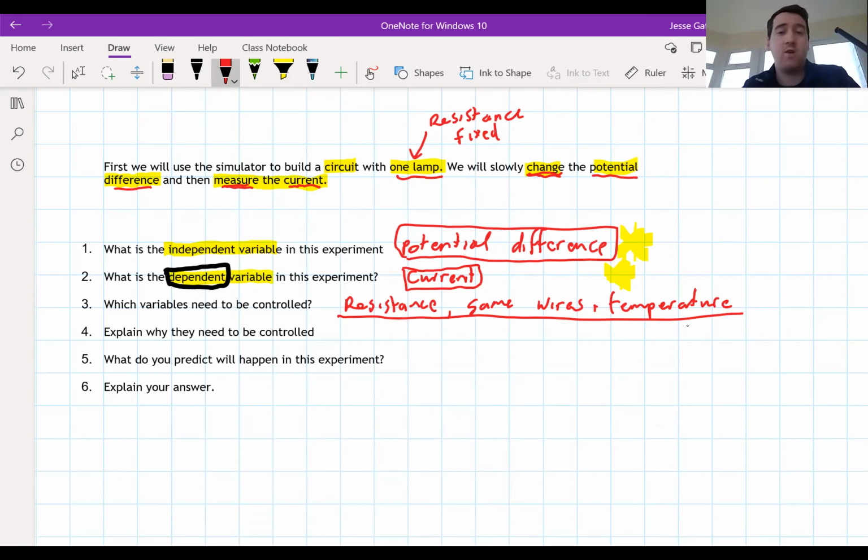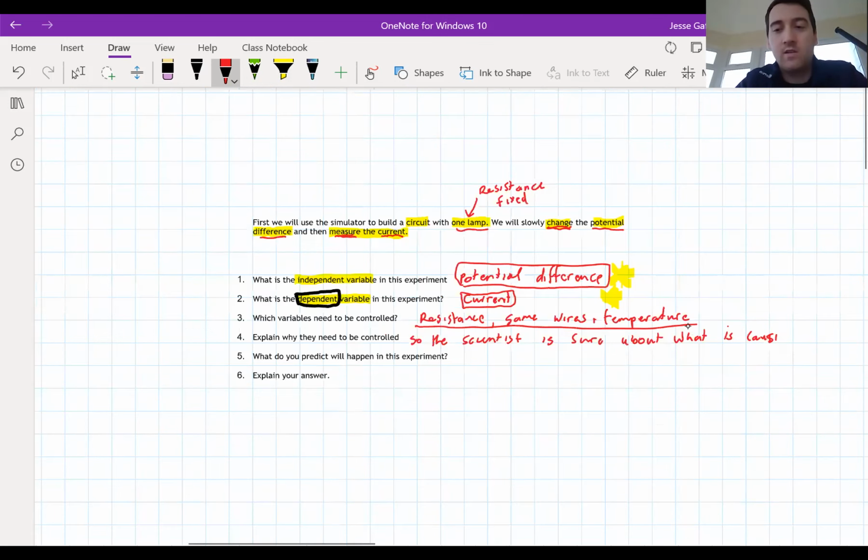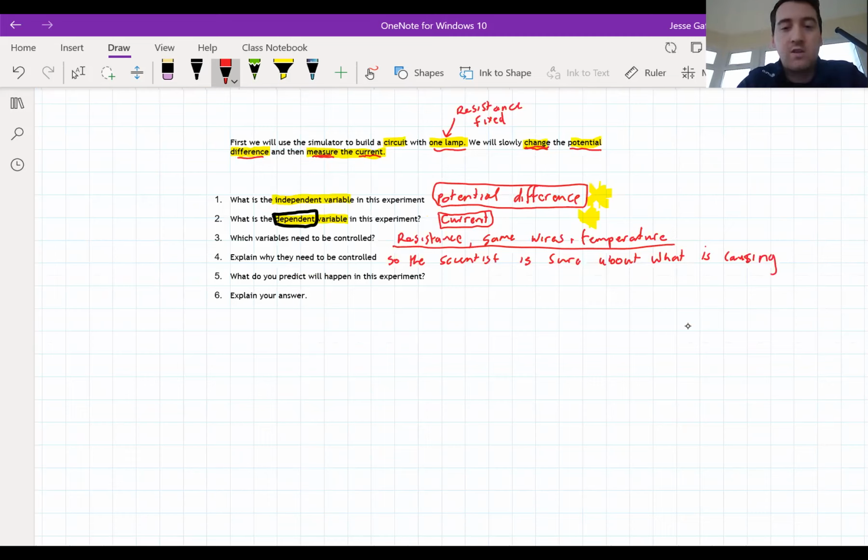So how do you know which thing it was that actually caused the change to the current? So explain why they need to be controlled. They need to be controlled so the scientist is sure about what is causing changes to the dependent variable is what they'll be checking and looking at.